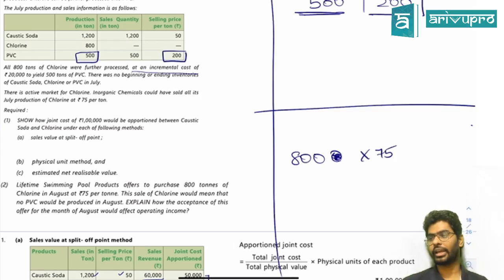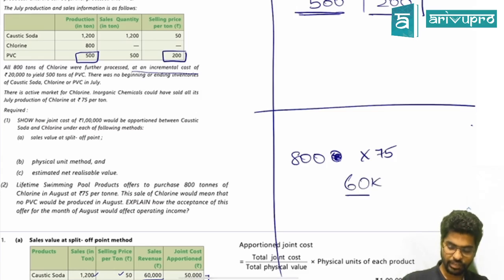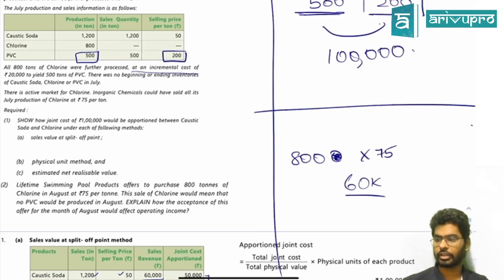If I do 800 into 75, how much do I get? 60,000. If I do 500 into 200, I'll get 1 lakh. Now, guys, everyone see here, if I further process, I'll get 1 lakh. If I am selling now, I am getting 60,000. Should I further process or should I sell right now?